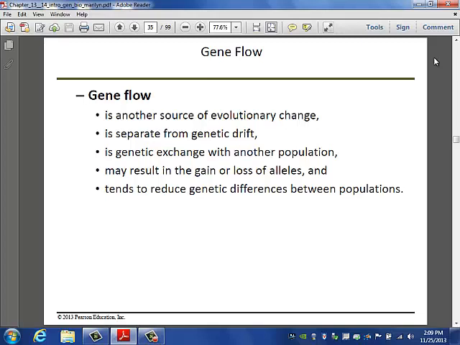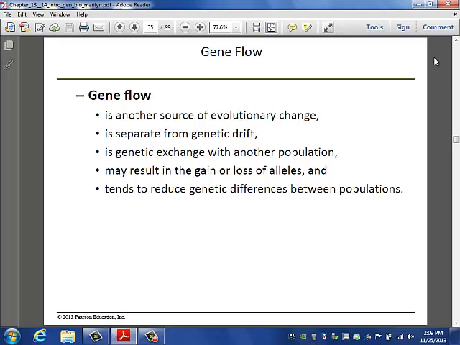So gene flow, another source of evolutionary change, separate from the genetic drift, genetic exchange with another population, and this is sort of how it happens normally, because different populations are different groups, especially if they migrate to different areas, we have normal gene flow in those groups.